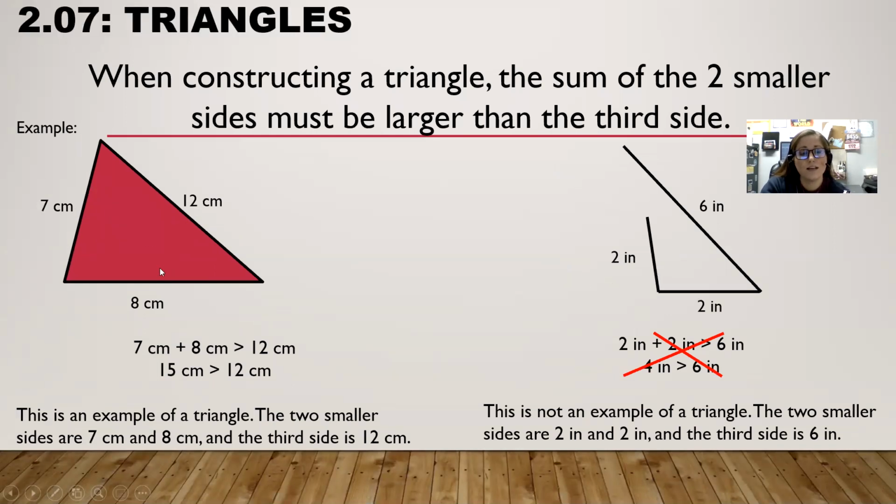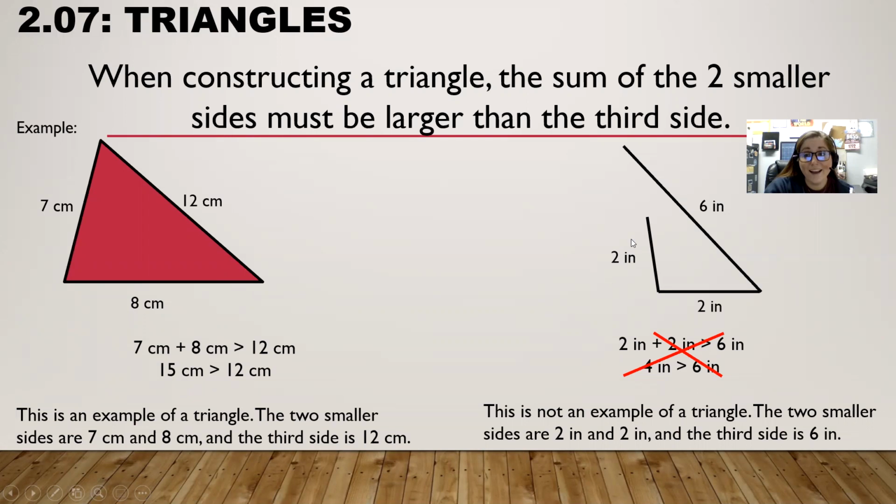The two smaller sides of this red triangle are 7 centimeters and 8 centimeters. When we add those numbers up, we get a total of 15 centimeters. So 15 centimeters is greater than 12 centimeters, which means this is an example of a triangle, because those two smaller sides add up to a number larger than 12 centimeters.